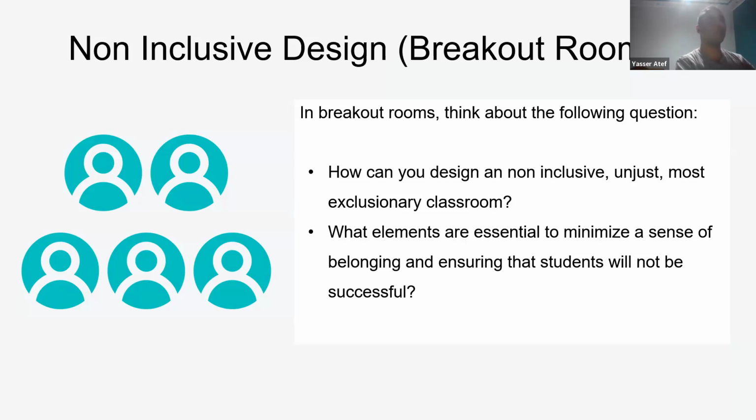We also would like to think about the essential elements that minimize the sense of belonging there, and how this could prevent any kind of inclusion or ensure that the students will not be successful.